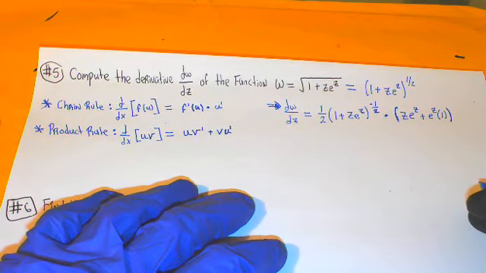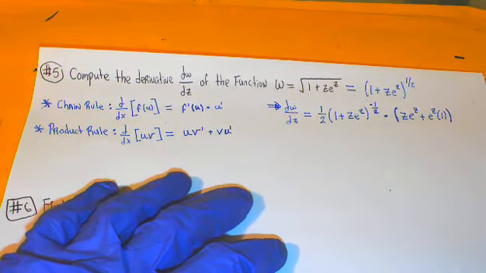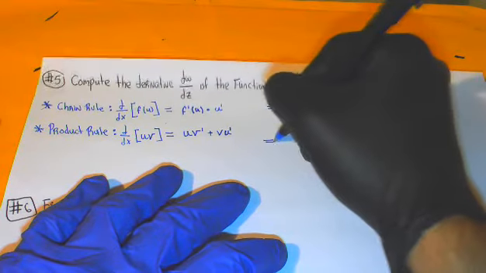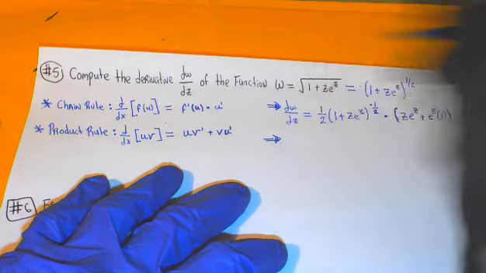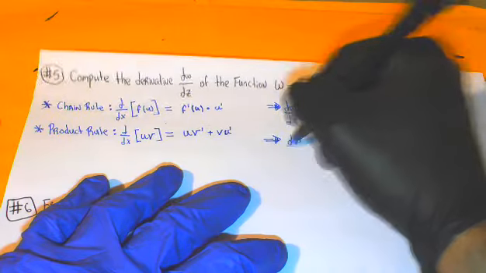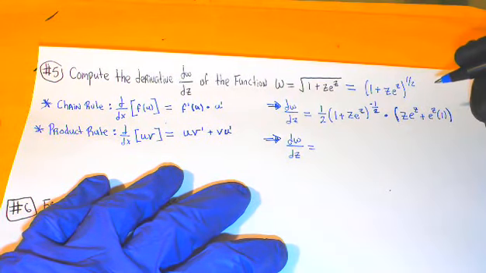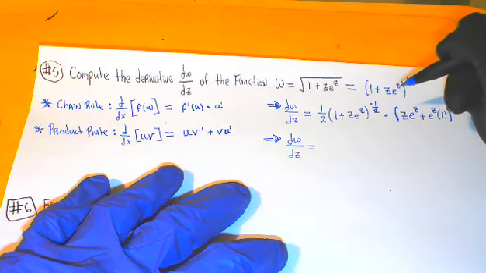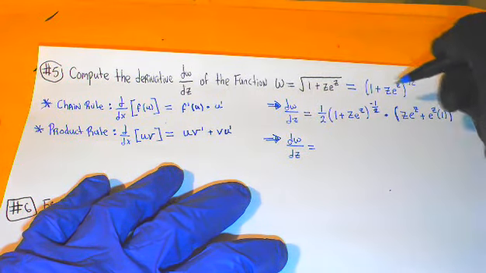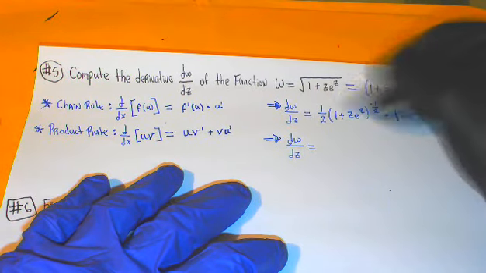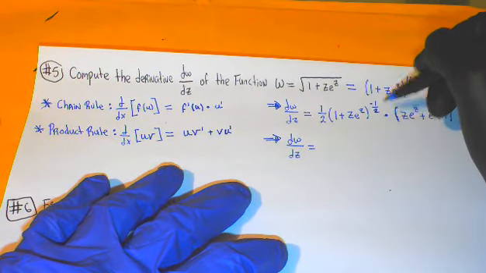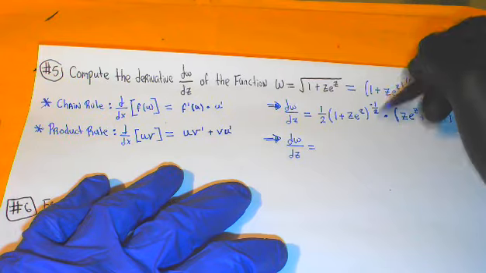Notice that I can rewrite this as follows. We're going to have dw over dz equals, let's see, what we can do is rewrite this as a fraction where our exponent will go down to the denominator.